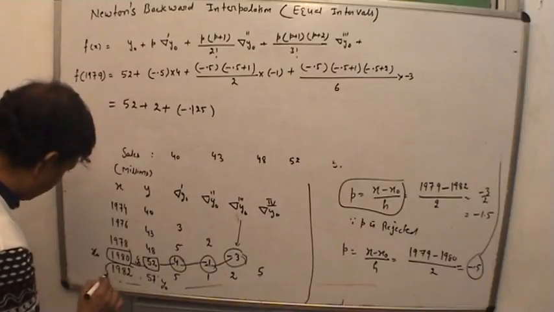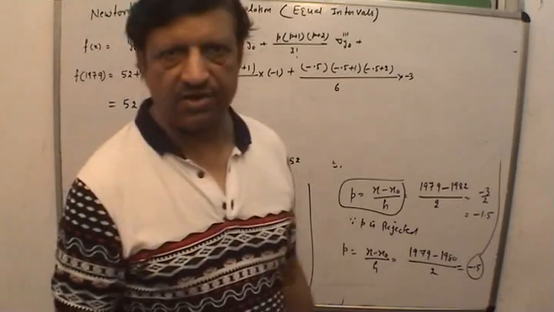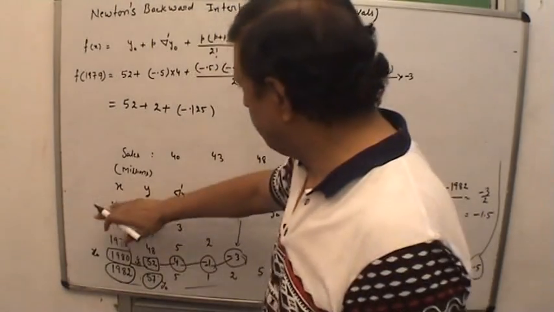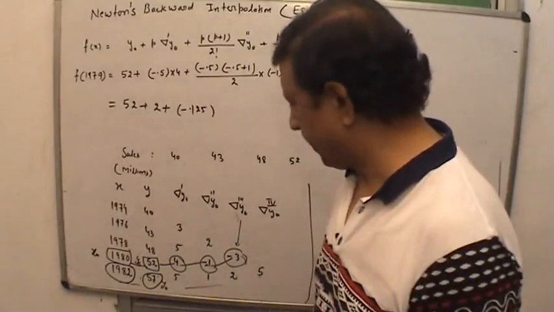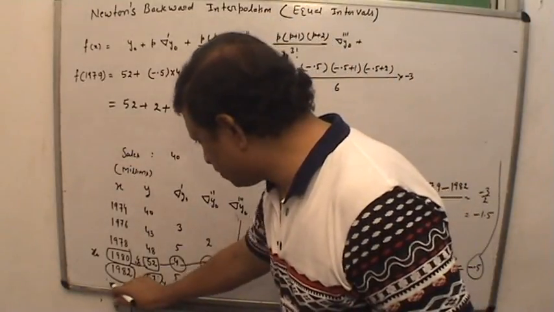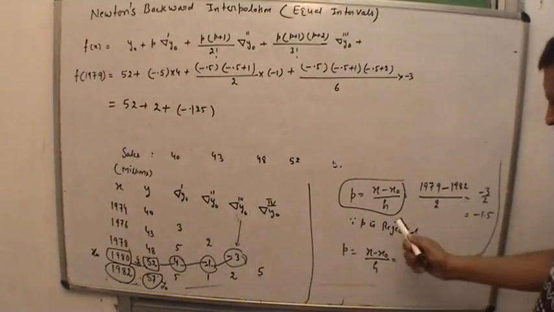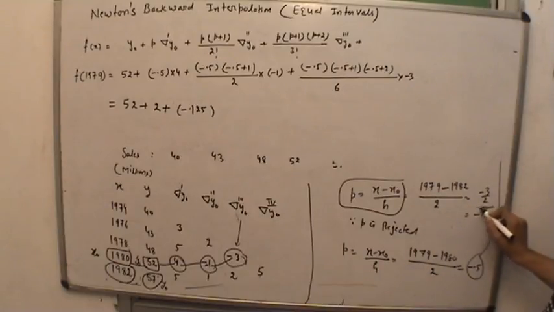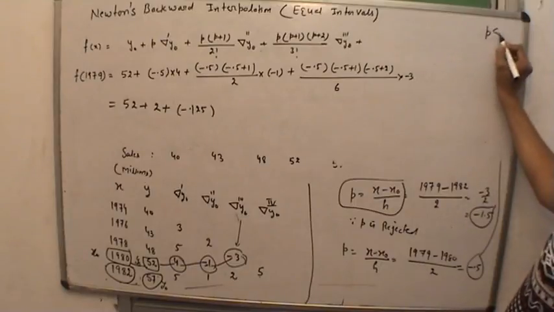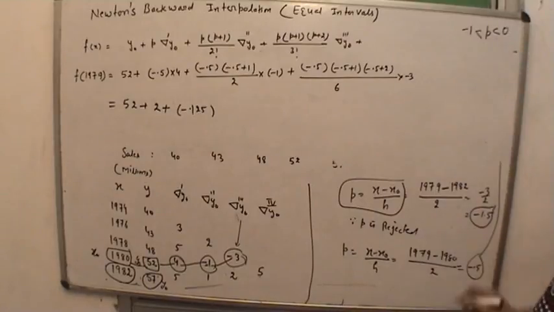We always start with the lower values in the backward difference interpolation, and from the initial values in the forward difference operator. If we consider these two values as say x0 and y0, then according to the formula we see the value of P comes to be minus 1.5, and it does not follow the rule that P lies between minus 1 and 0.